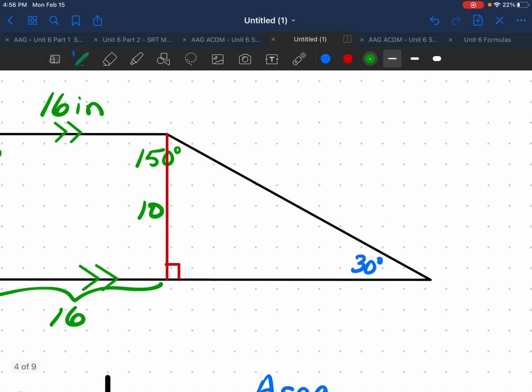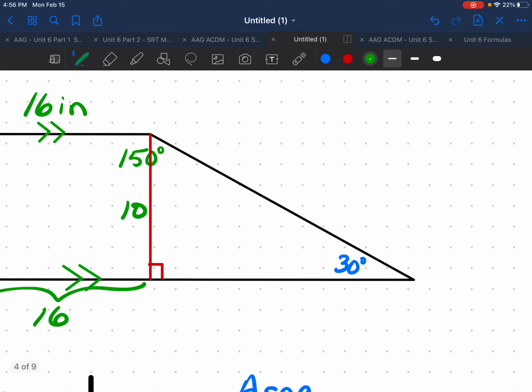Now that brings us over here to our 30, 60, 90, right? Because this angle here is going to be 60 degrees. All right, I'll stick with the blue theme. That'll be 60. Now, since the 10 is across from the 30, this is our short leg, which is x. This will be x radical 3, and this will be 2x.